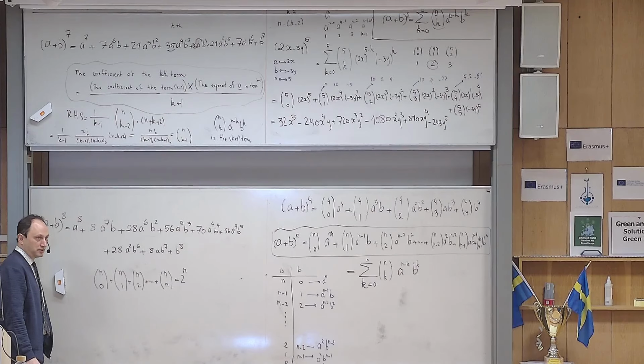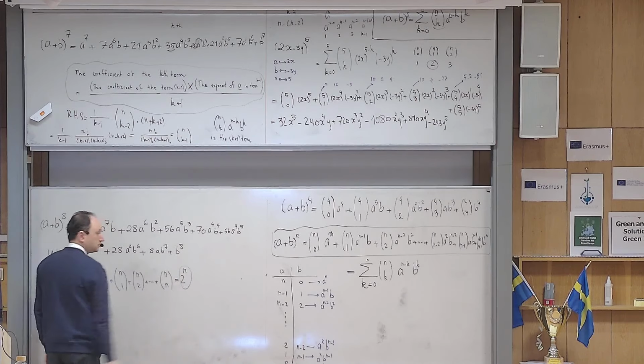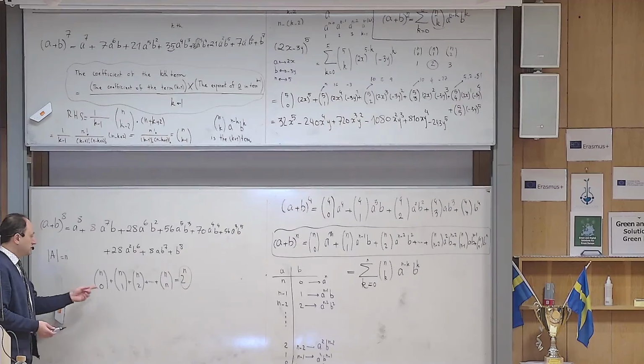The number of subsets. So if I consider a set with cardinality n, let A be a set with cardinality n, the number of subsets of this set A on the one hand is this. But on the other hand, I can assume that there are some subsets of this set without any elements, of which there is only one, the empty set, but I can imagine that I am choosing nothing from that.